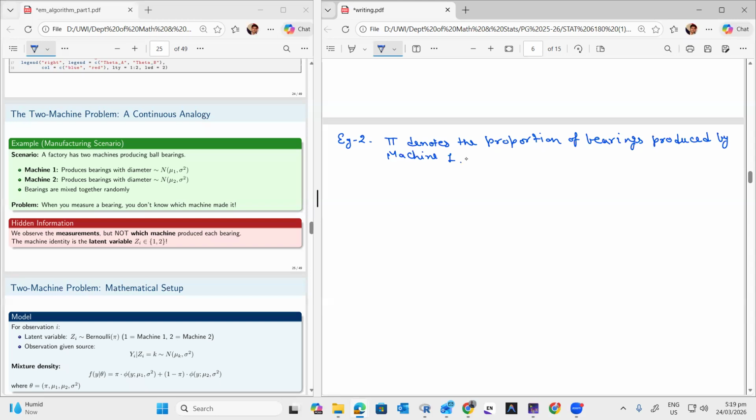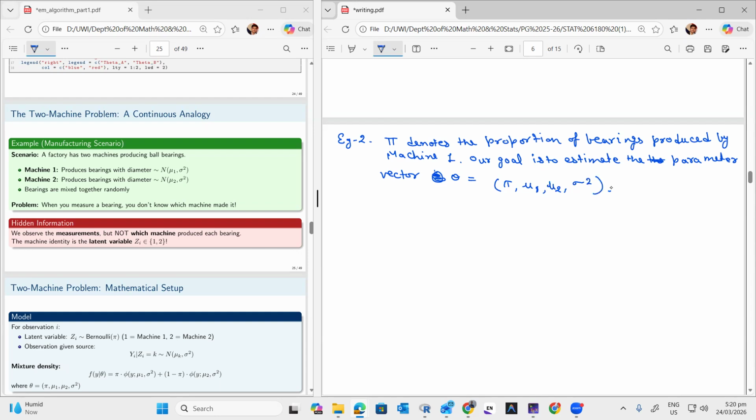Okay, so our aim or our goal is to estimate the parameter vector, say theta equals pi, mu1, mu2 and sigma square.